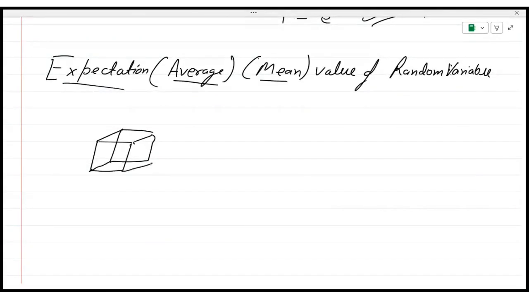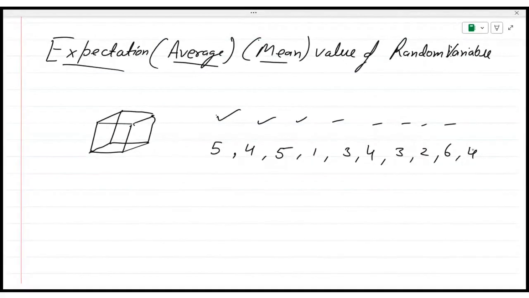Now what you do, you roll this die 10 times and note down the numbers that you are getting. Like first number, second number, in this way do it 10 times. Okay. And note down those numbers. So in this way you have noted down these 10 numbers.